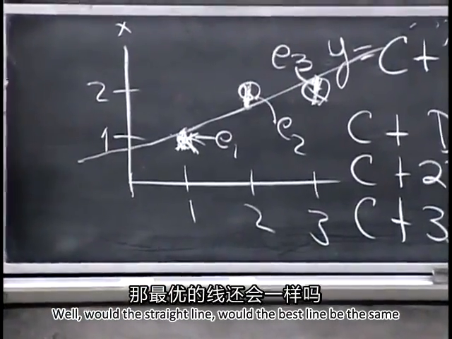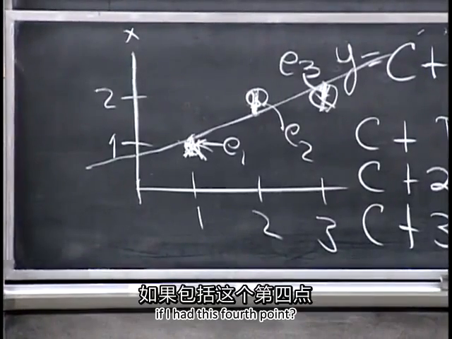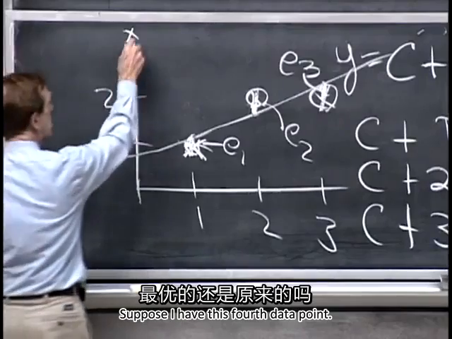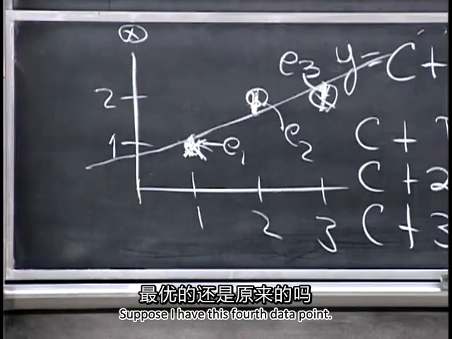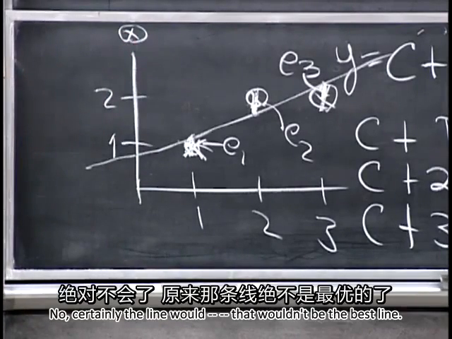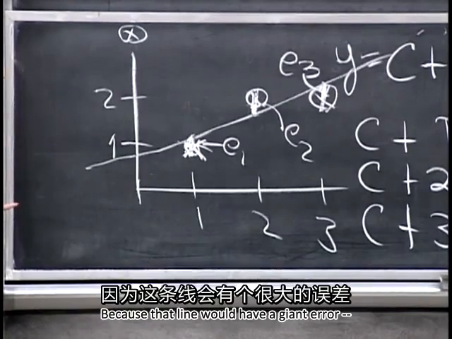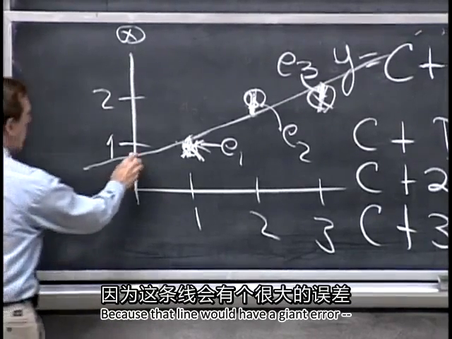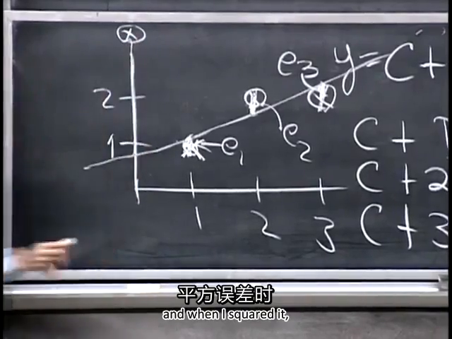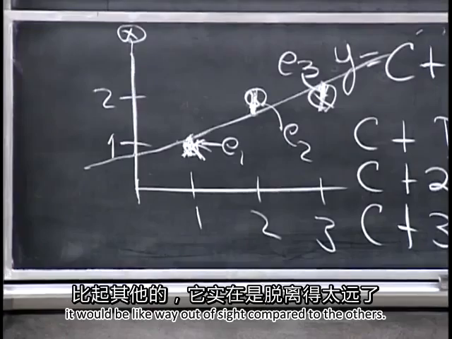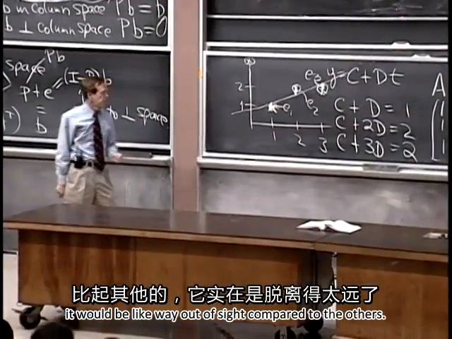Well, would the best line be the same if I had this fourth point? Suppose I have this fourth data point. No, certainly that wouldn't be the best line, because that line would have a giant error, and when I squared it, it would be way out of sight compared to the others.